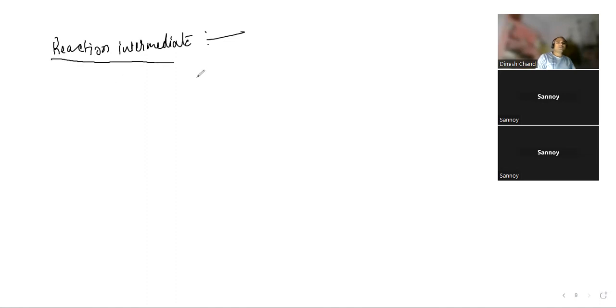Okay, but let us try to know what the reaction intermediate is. They are formed during the chemical reaction.